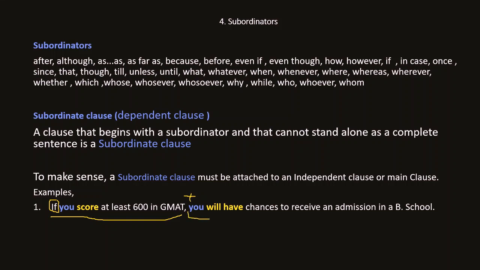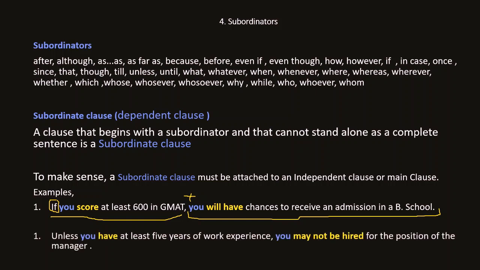Similarly, in the second sentence, unless you have at least 5 years of work experience, you may not be hired for the position of the manager. In this sentence, the clause unless you have at least 5 years of work experience is a subordinating clause or a subordinate clause.